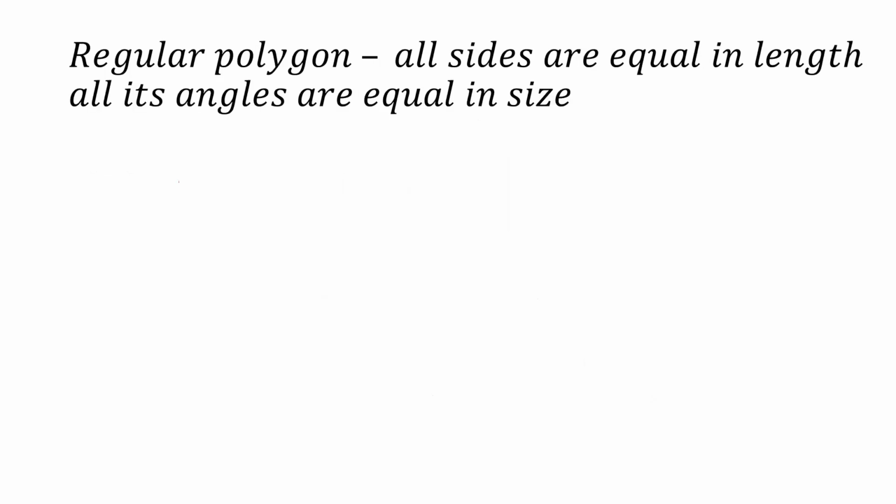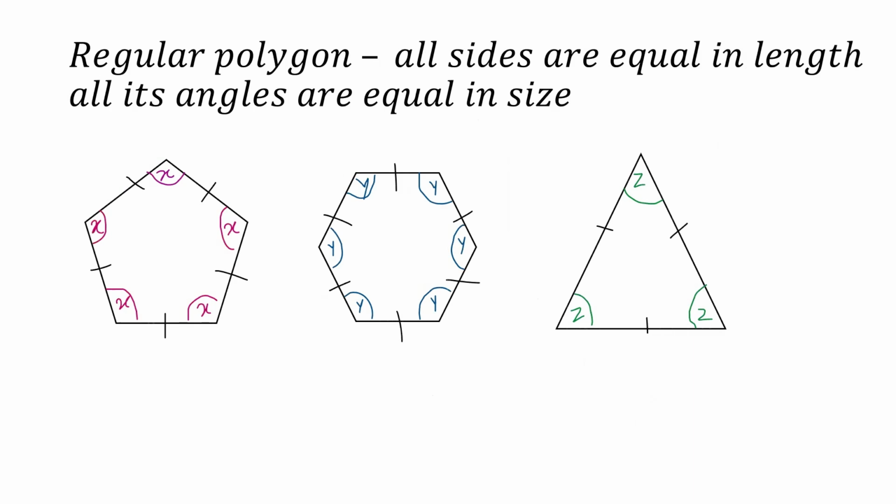Another term is the regular polygon. A regular polygon means all sides are equal in length and all its angles are equal in size. Here you can see the first picture is a pentagon. All the angles are marked as x, so each interior angle is the same size.